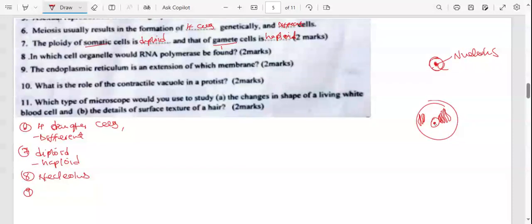They extend from the nucleus. So the membrane that the nucleus has is what we call the nuclear envelope.